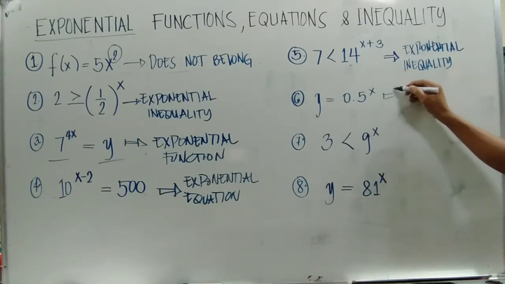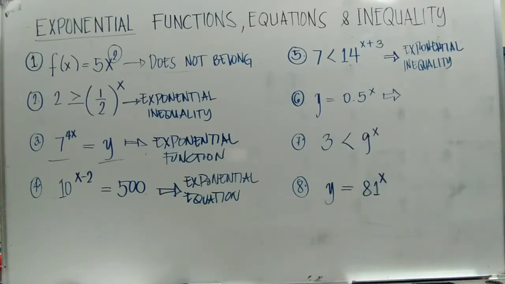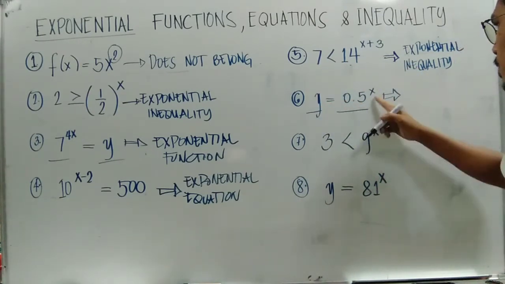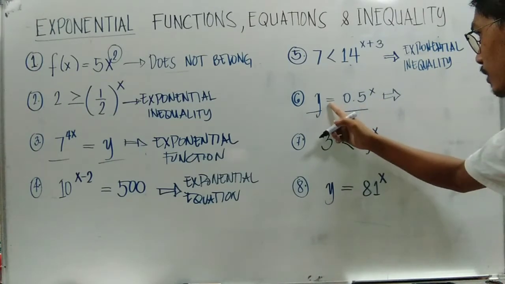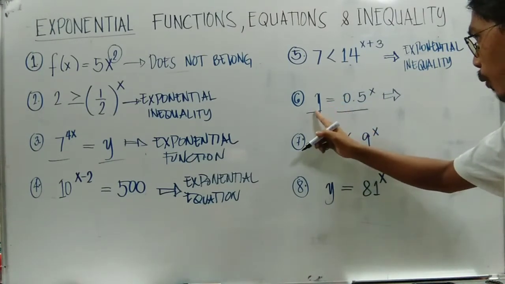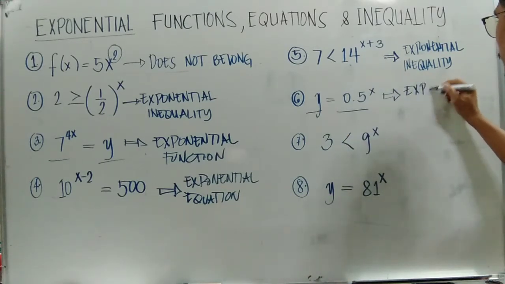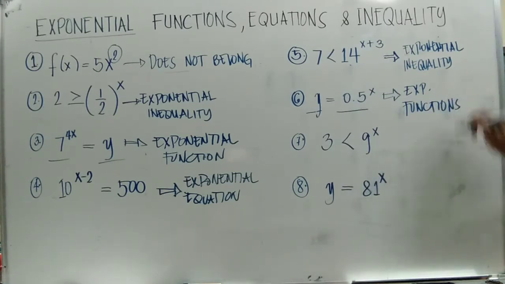Another one, number 6. y equals 0.5 raised to x. The symbol is equal. Then the exponent is x, so we are on exponential. Equal, it's either a function or equation. Then we have y. So it is an exponential function. Very easy. Okay?